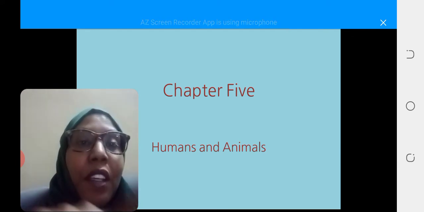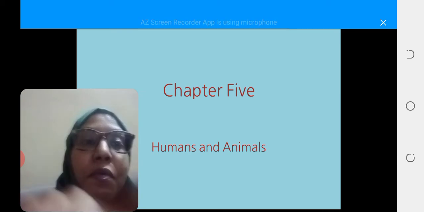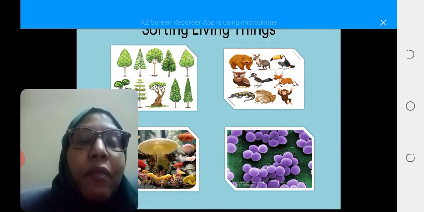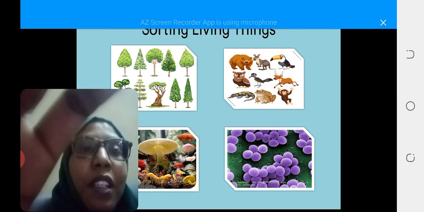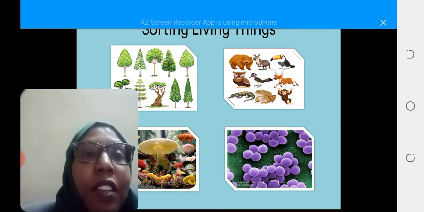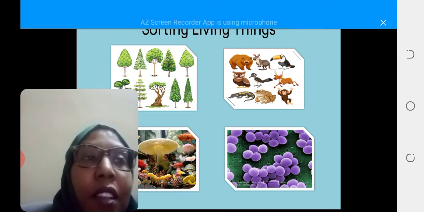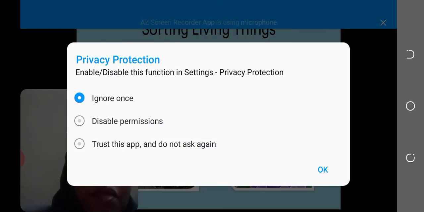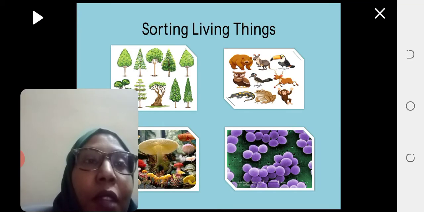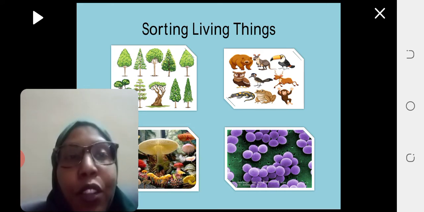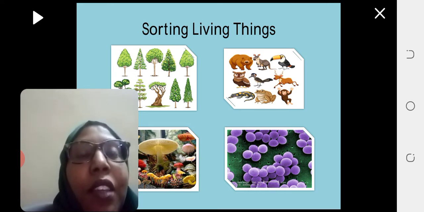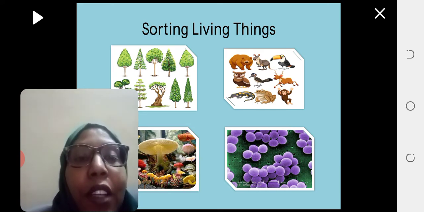So here, sorting living things, or classifying living things.